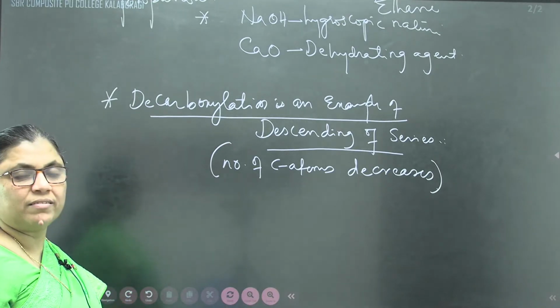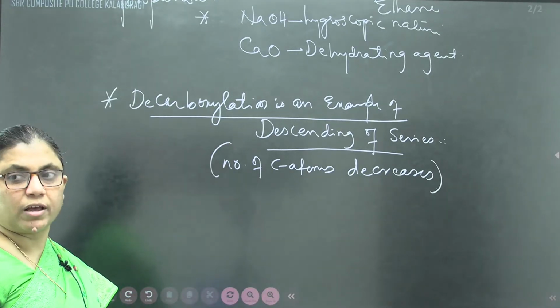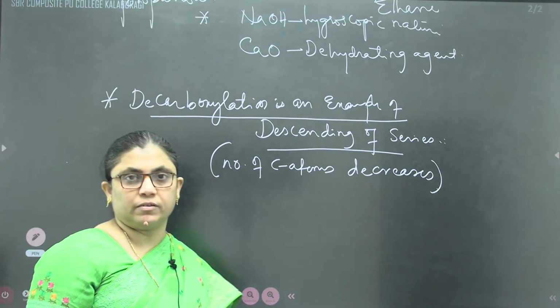That's why it is called descending of series. Called as what, children? Descending of series.